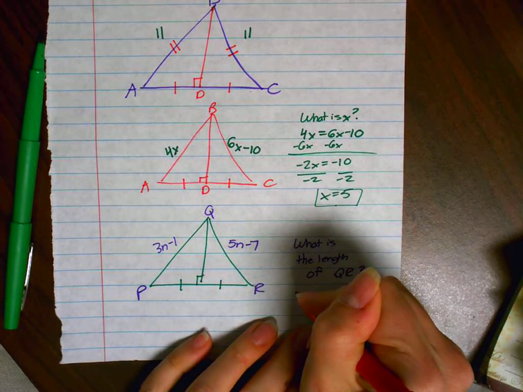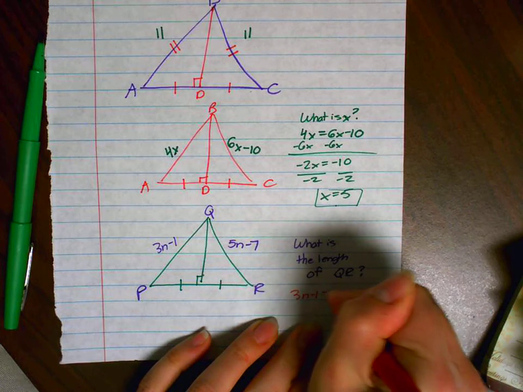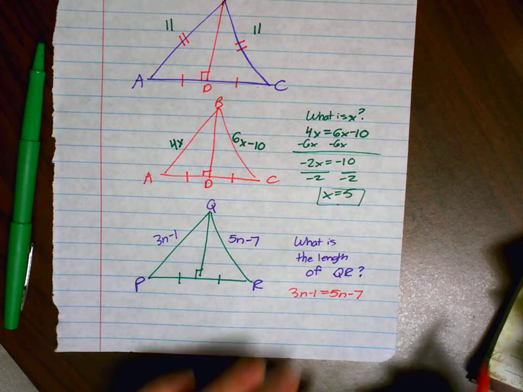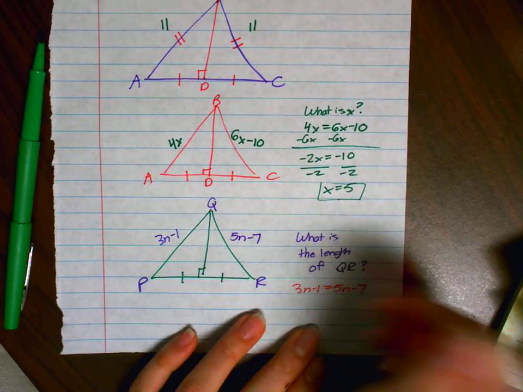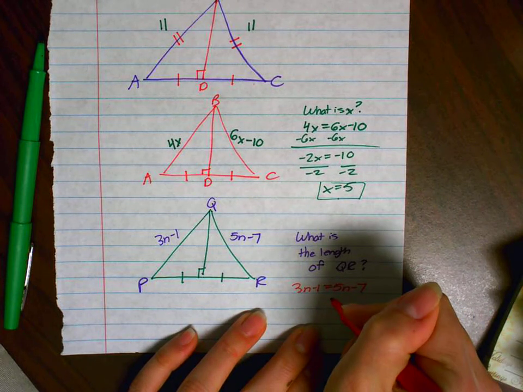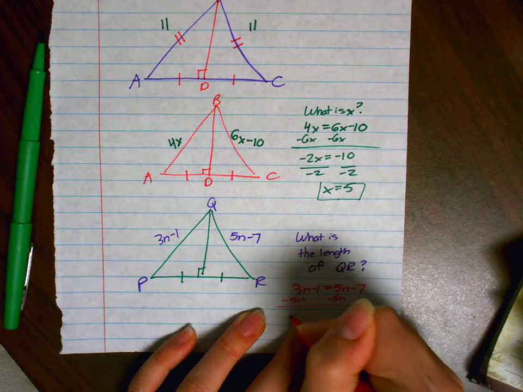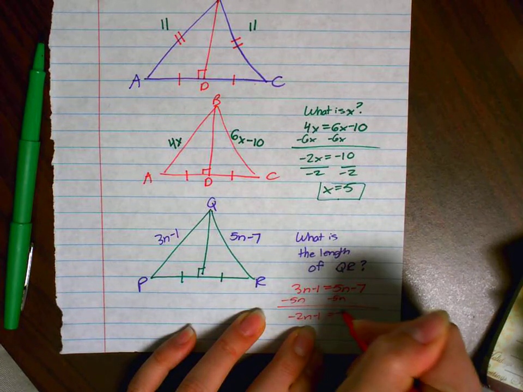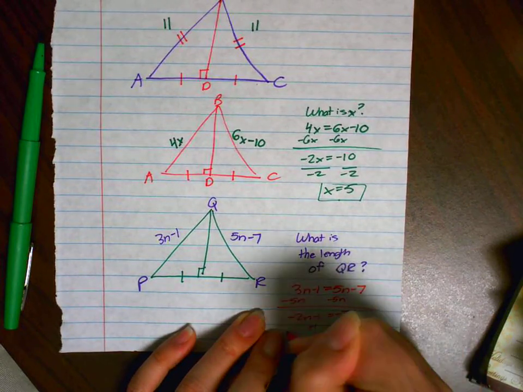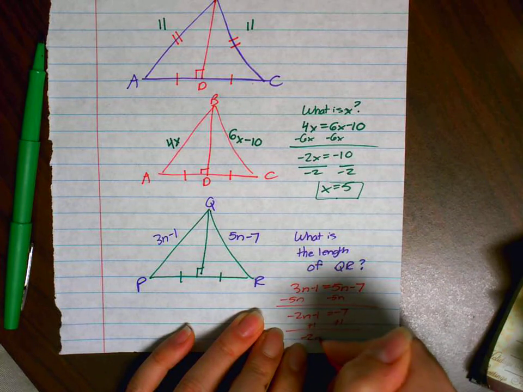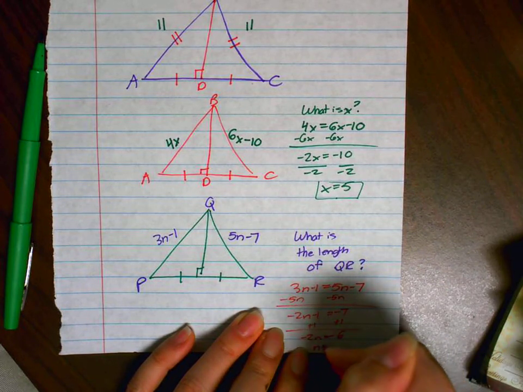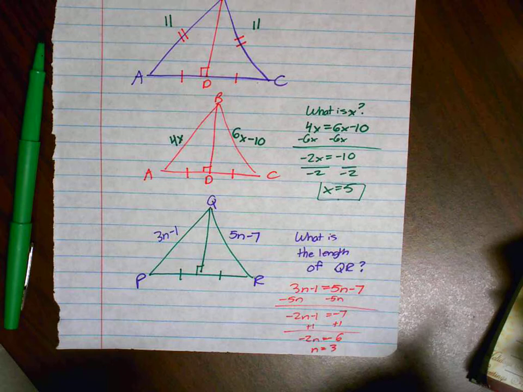Okay, so if I wanted to solve this one, 3n minus 1 equals 5n minus 7. They're equal. And then I'm just going to solve this equation. So I'm going to subtract 5n from both sides. That gives me negative 2n minus 1 equals negative 7. Add 1 to both sides, negative 2n equals negative 6. And when I divide both sides by negative 2, I get n is 3, but that's not the question.